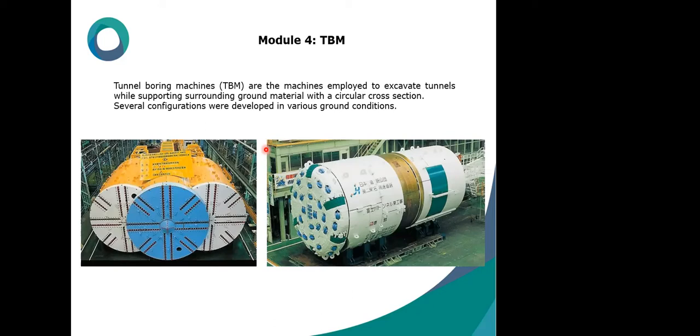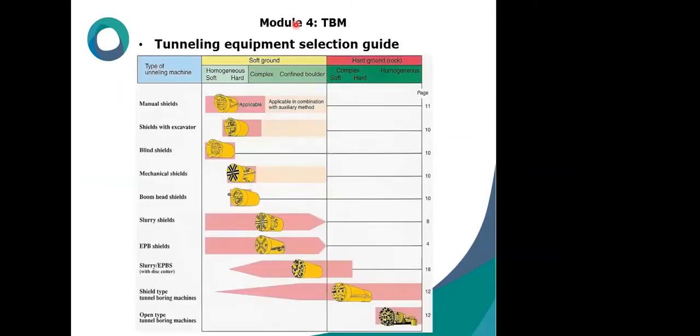A TBM is a complex system with a main body and other supporting elements, made up of mechanisms for cutting, shoving, steering, gripping, shielding, exploratory drilling, support lining, etc. Tunneling equipment, as said before, is divided into two categories according to the medium, as can be seen in this slide: soft ground, and hard ground or rock.